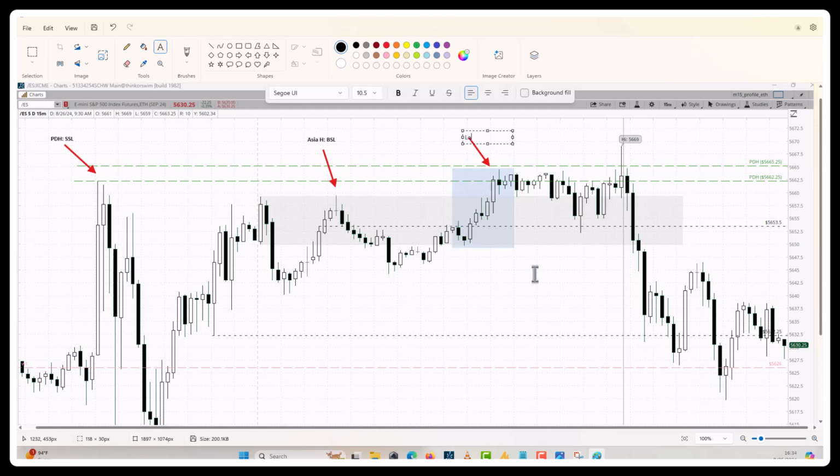And then we have London. And then we have London high, buy-side liquidity, and you see the 9:30 raid, all this buy-side liquidity, I think right here. Yeah, it's buy-side liquidity.